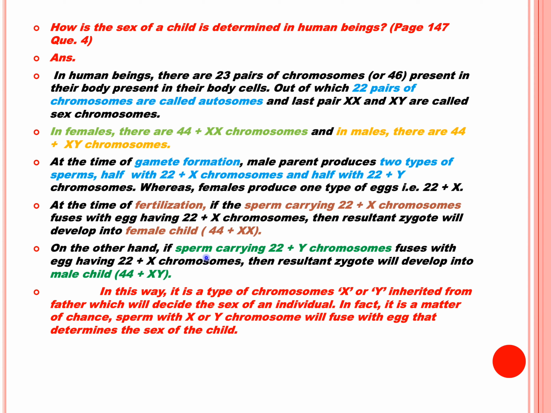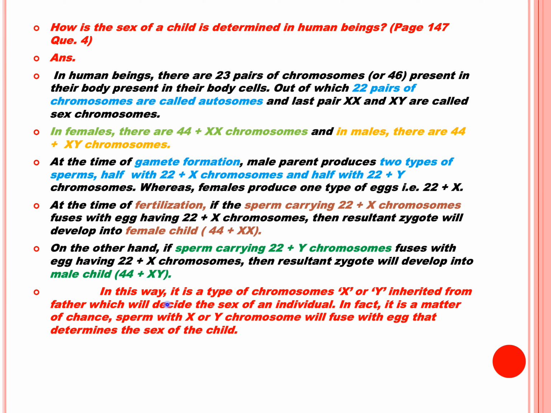On the other hand, if the sperm carrying 22 plus Y chromosomes fuses with the egg having 22 plus X chromosomes, then the resultant zygote will develop into a male child, that is with 44 plus XY genotype. So this is how the sex of the child is determined.